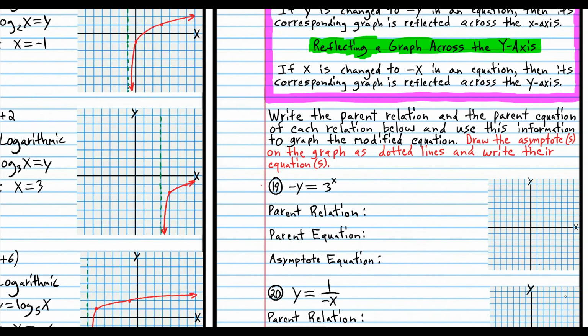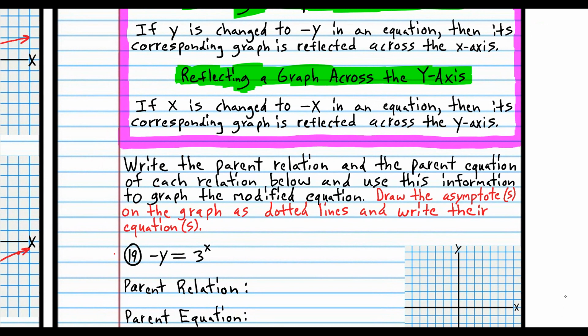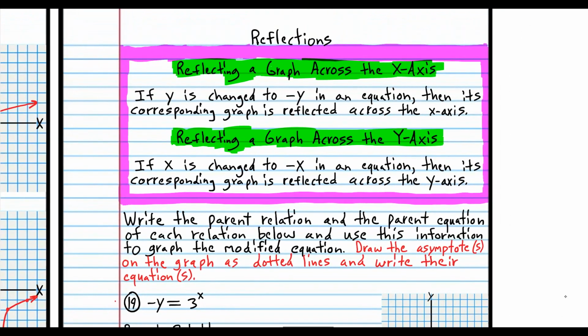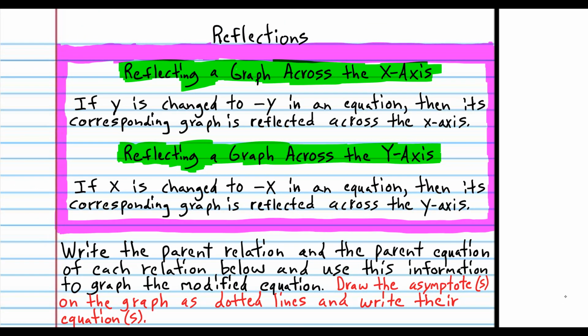All right, so we translated the reciprocal, exponential, and logarithmic relations, and we learned about asymptotes. Now we're going to reflect. Remember, if you change the y variable in an equation to -y, you reflect the corresponding graph across the x-axis.